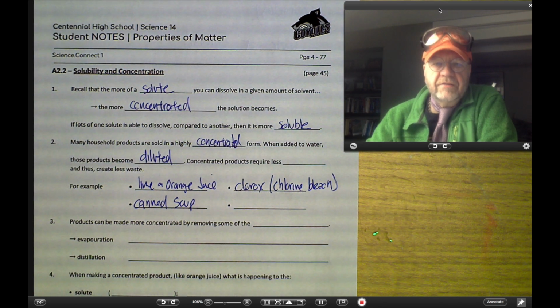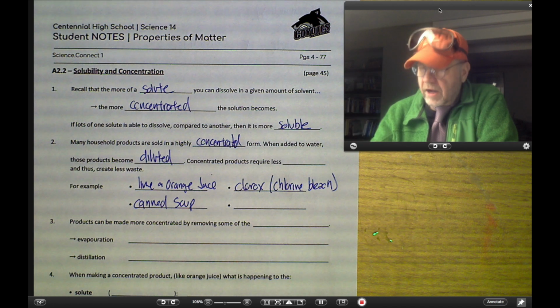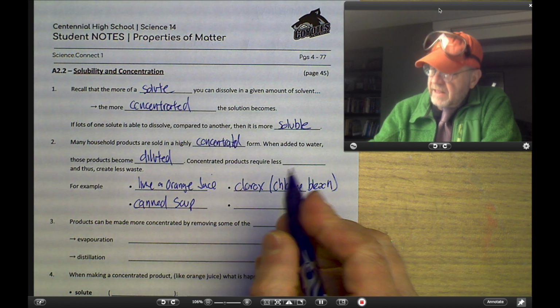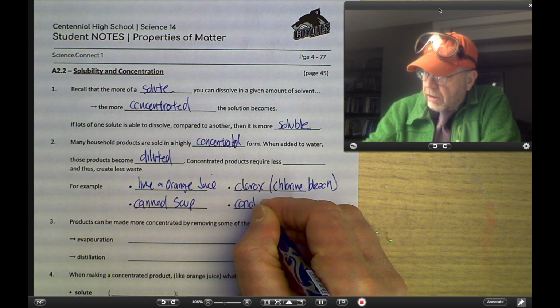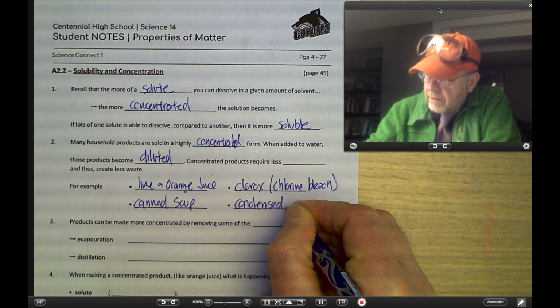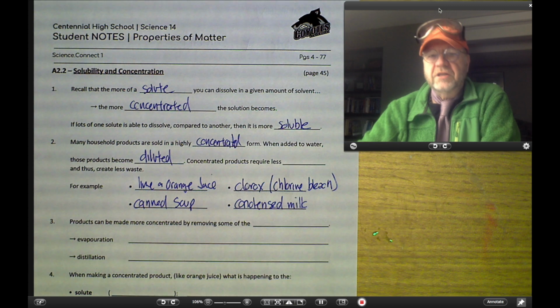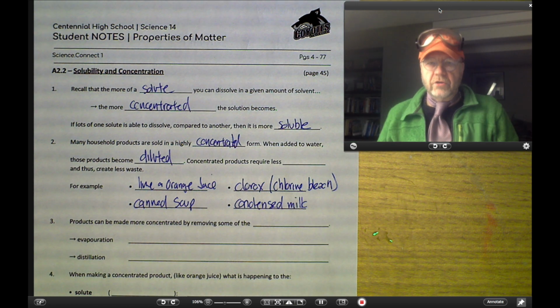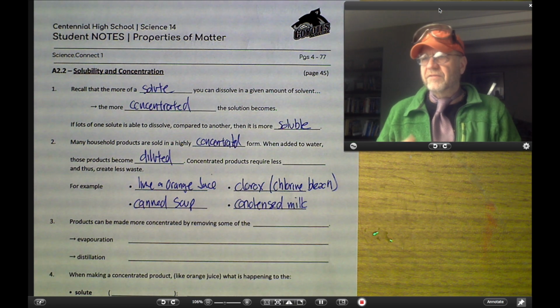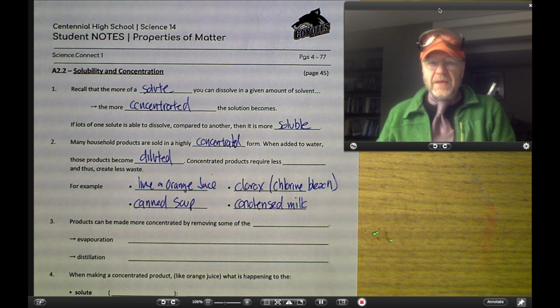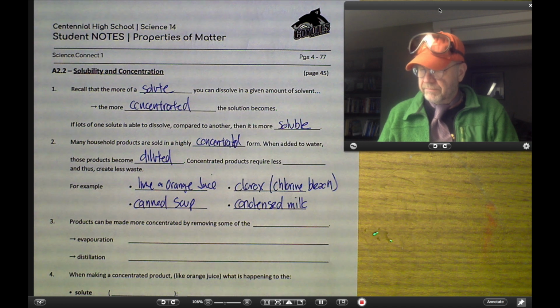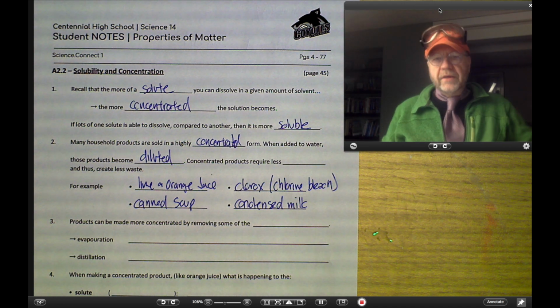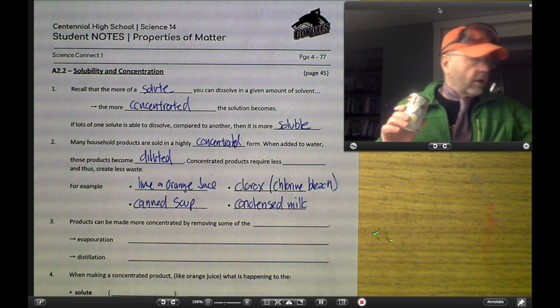Anything else that's concentrated? You might look in your cupboard and see something called condensed milk. Carnation condensed milk. Bakers will use that for baking as a really thick, goopy, sweet milk-like stuff. It's really quite yucky. So why do we bother with concentrated forms of stuff like this?